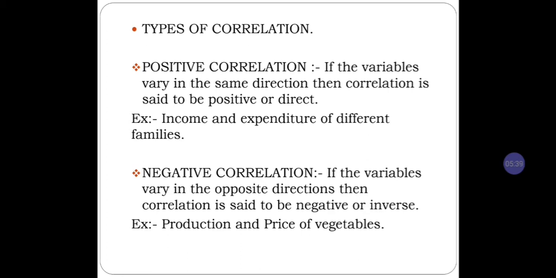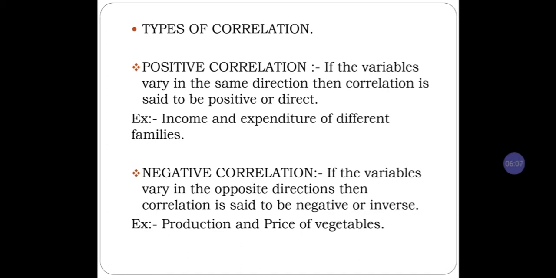Next, negative correlation. If the variables vary in the opposite direction, then the correlation is said to be negative or inverse. In positive, both are moving together, it is called positive. But in negative, if they are moving in the opposite direction, that time it is called a negative correlation.